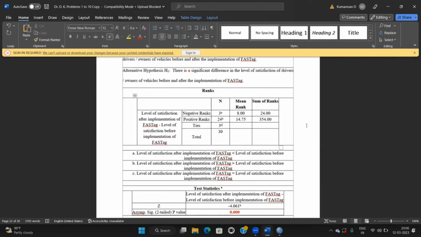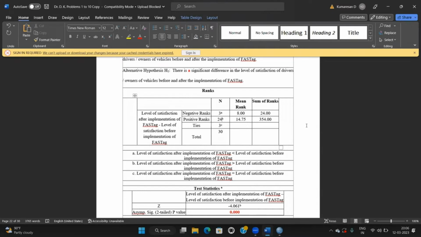Now look at the numbers. Number of negative ranks 3, number of positive ranks 24, number of tied ranks 3. So which is the greatest? 24 is the greatest, so positive ranks. There are more positive ranks than negative ranks or tied ranks.